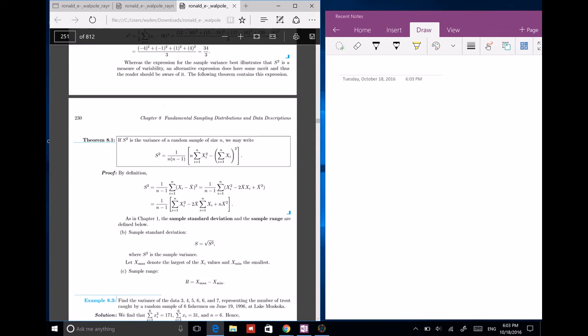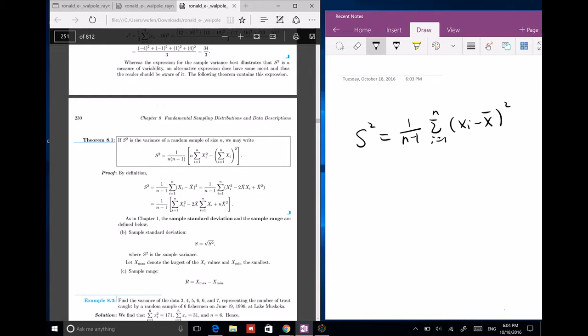All right, so next is theorem 8.1 for s squared. Basically what it does is you FOIL the completed square, 1 over n minus 1, the sum from i equals 1 to n of xi minus x bar squared.